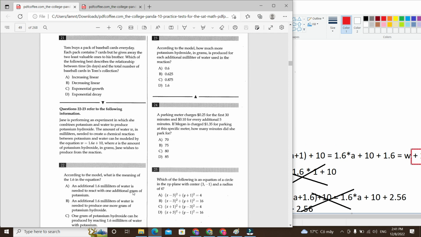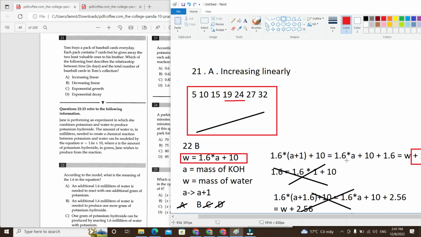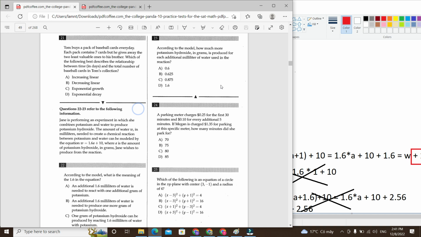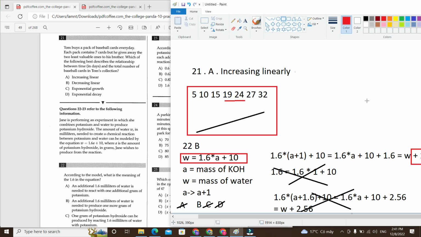How much more gram of potassium hydroxide, according to your model in gram, is produced for each additional milliliter of water? Okay. So we're gonna still use the equation in question 22.